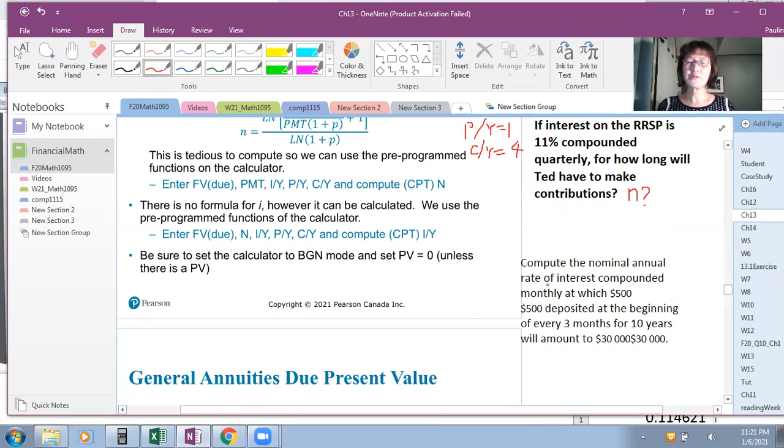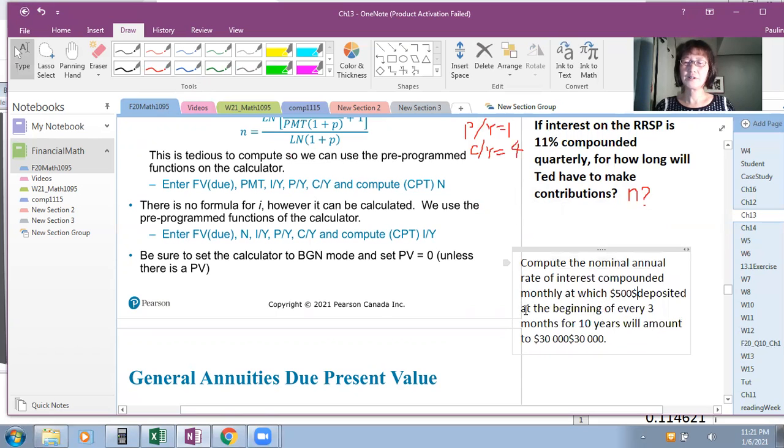Compute the nominal annual rate of interest compounded monthly at which $500 deposited at the beginning of every 3 months for 10 years will amount to 30,000.